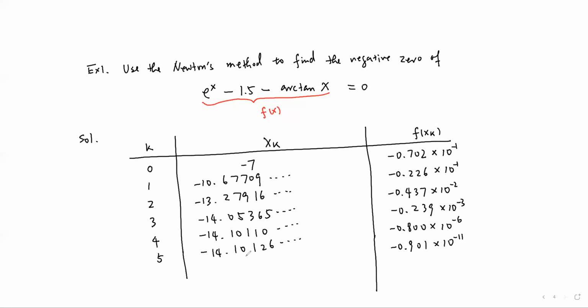See, very fast. And then the next iteration, -14.10126. Function value 10 to -20. In fact, Newton's method is a quadratic method. The convergence rate is quadratic, much faster than bisection method.